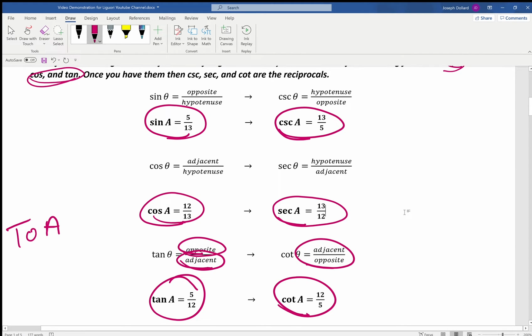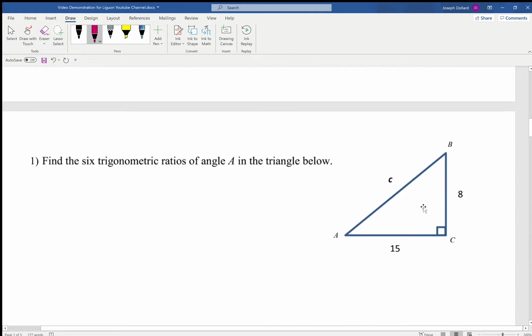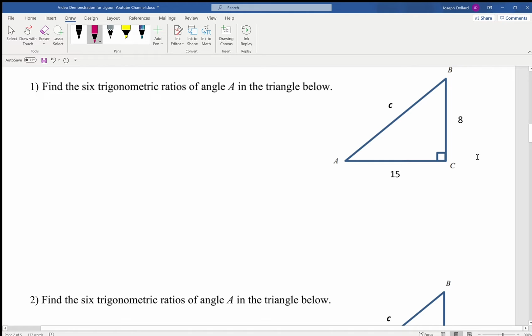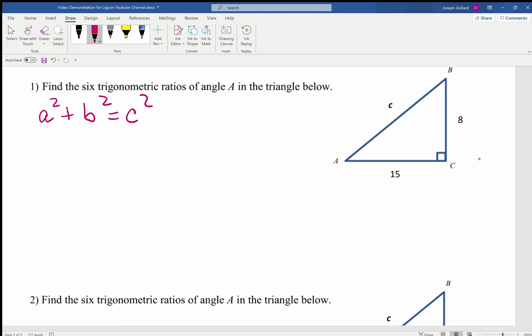So for your assignment, this is number 1. If you come down here, remember the first thing you have to do is a squared plus b squared equals c squared. Once again, it doesn't matter which leg you plug in.